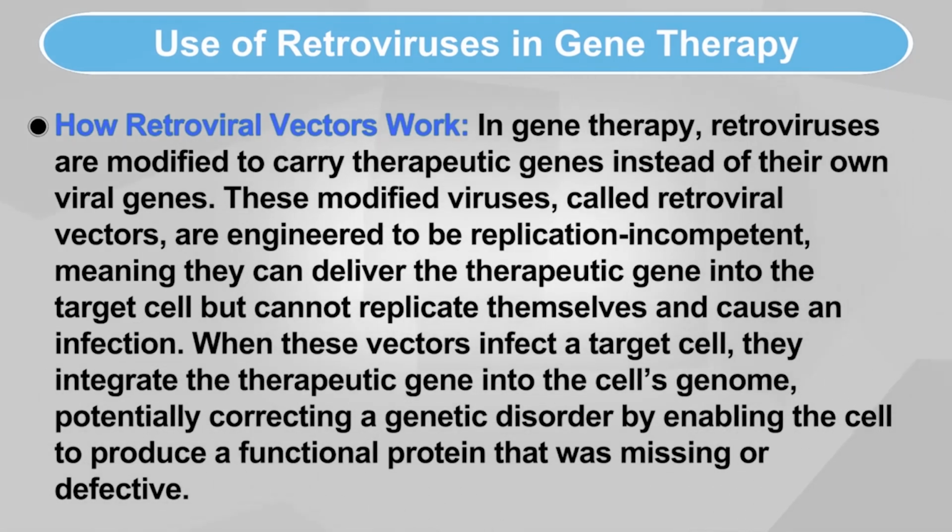This modified virus, called a retroviral vector, is engineered not to replicate inside the host cell. When these vectors infect a target cell, they integrate the therapeutic gene into the host genome, potentially correcting genetic disorders by enabling the cells to produce a functional protein that was missing or defective earlier.